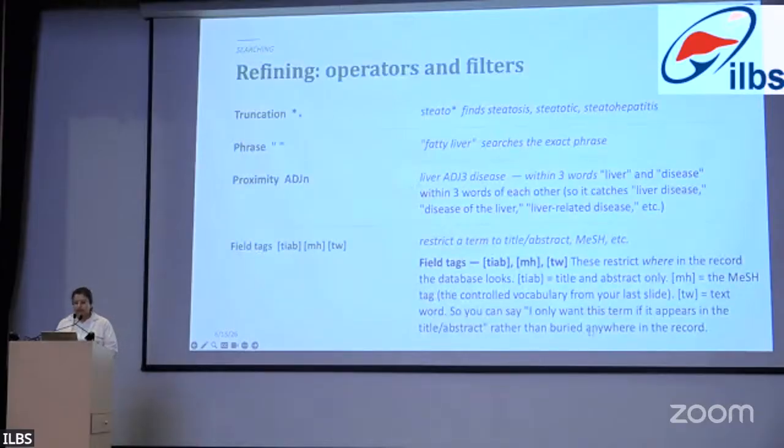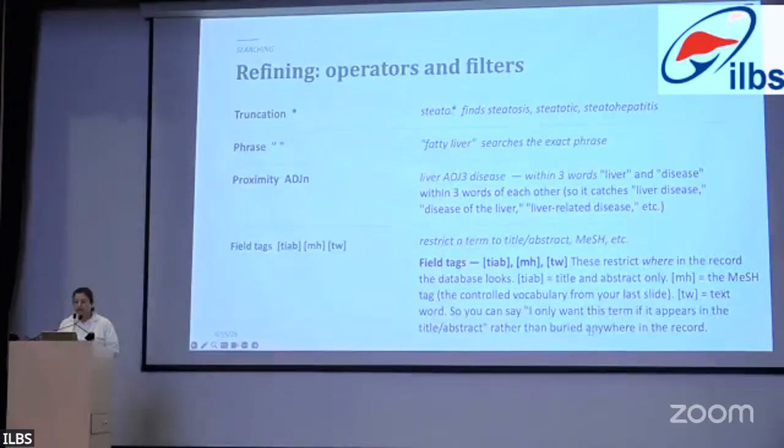Then there are 2, 3 important terms for the operators and filters. There is something called truncation, which is this asterisk. Suppose we have terms like steatosis, steatotic, steatohepatitis. If we add a truncation at steato, it will pick up all the words that come after this steato.